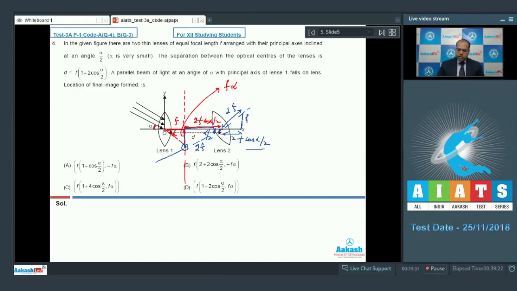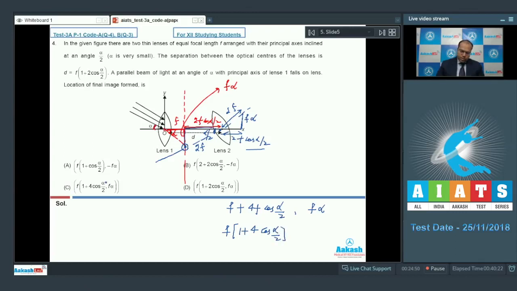So this length is also f into alpha. So the location of final image can be written as f plus 4f cos alpha by 2. This is the x coordinate, and y coordinate is f into alpha. So this can be further written as f into 1 plus 4 into cos alpha by 2.